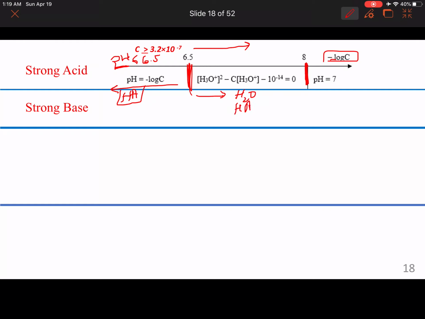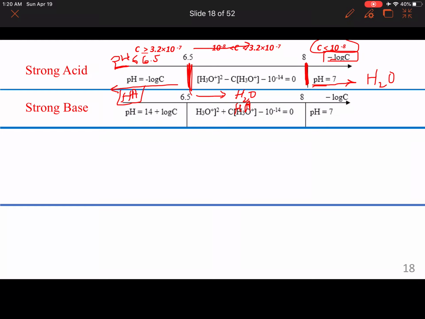So I have 2 equations running at the same time. And when my concentration of my acid is less than 10 to the minus 8, then only water contributes to the H3O plus, and actually HA is negligible in the solution. Actually, that's the net, and that's all you really need to know.